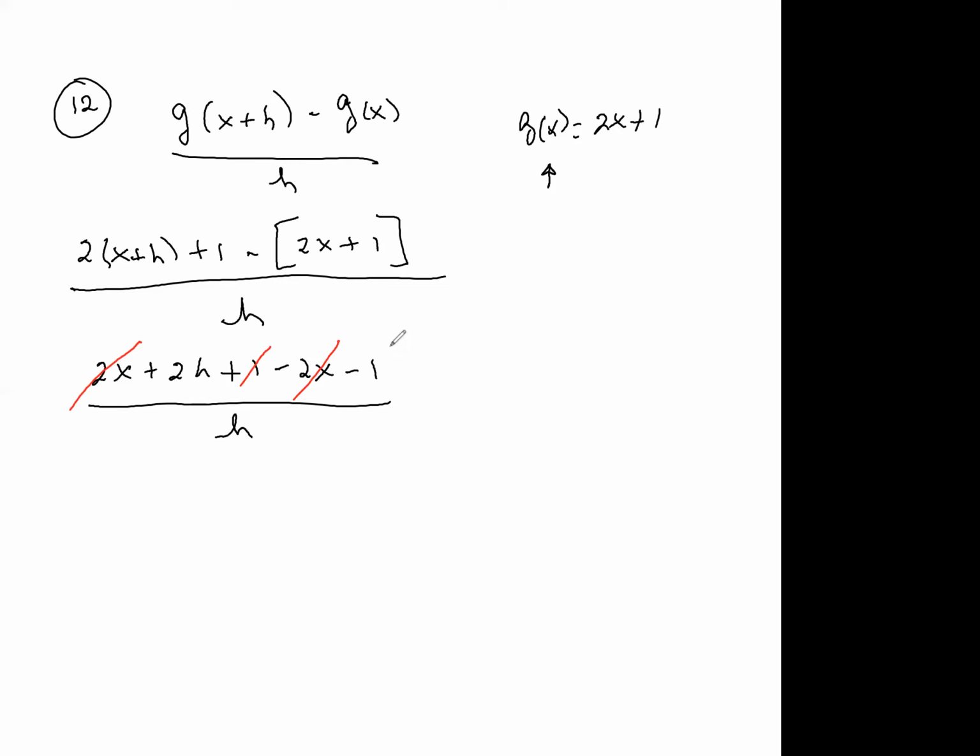Positive 1 cancels negative 1. Now we got 2h divided by h, which is equal to 2. Also, this formula is called the difference quotient or average rate of change. If you plan to go to Calculus 1, it will be the first derivative.